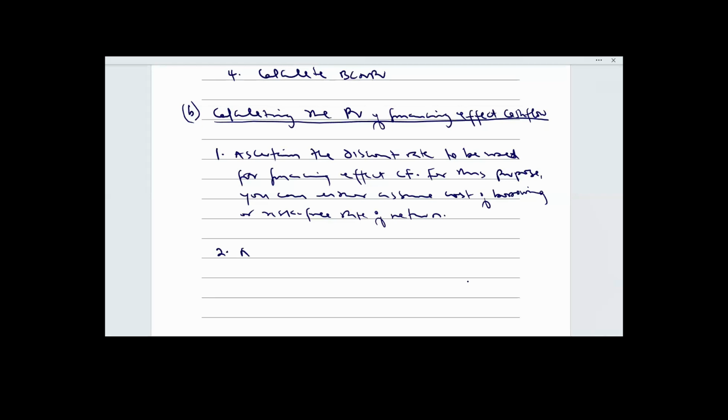So ascertain whether net finance required or gross finance required should be used.